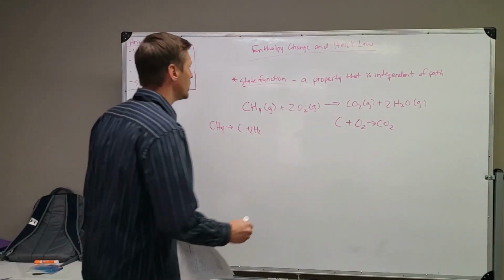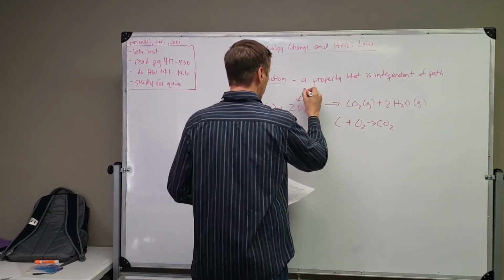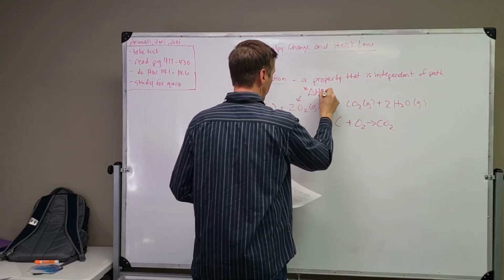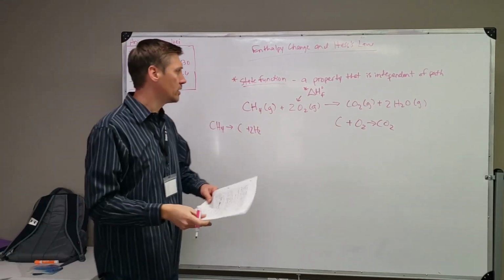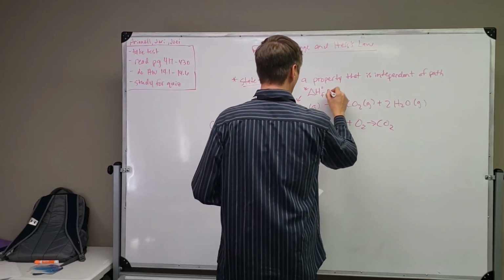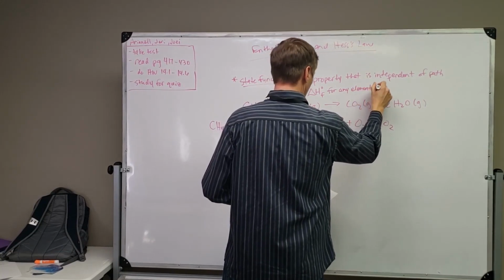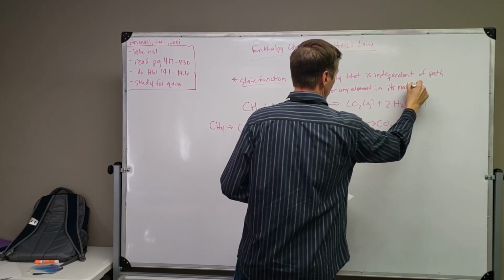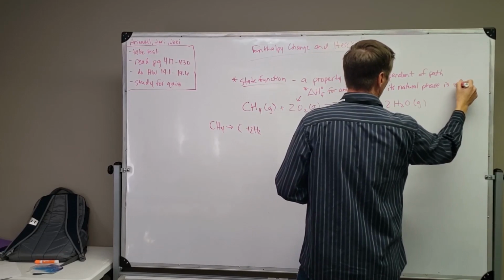One thing to note, when you have a substance like this, the change in H_f, so the standard enthalpy of formation for any element in its natural phase is 0.